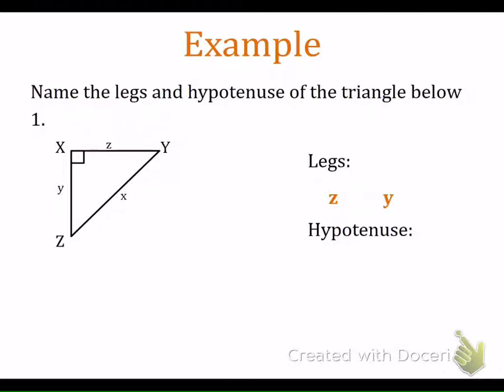And then the hypotenuse, always start at the right angle and just shoot out across: X. Good. Once again, if you don't know this part, you will not be able to do the rest of the lesson. You have to first be able to identify what are the legs. Those are the A and the B in the Pythagorean theorem, and the hypotenuse has to go in as the C.